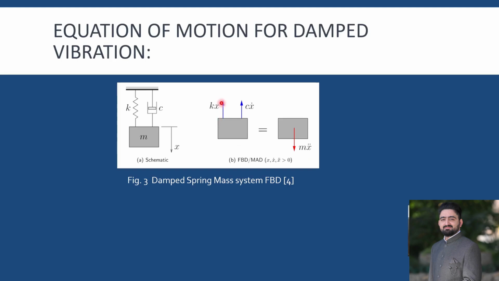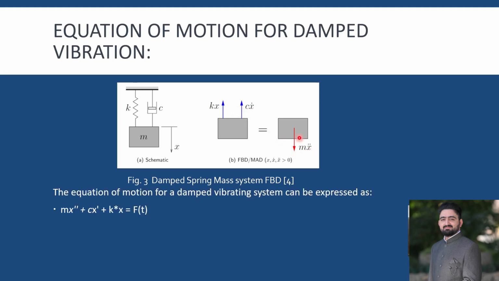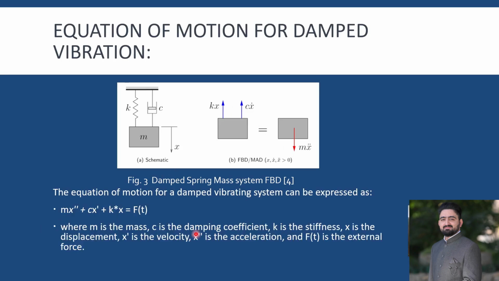Here the reaction force in a free body diagram is due to the spring, K is the spring constant and X is the displacement. Here C is the damping coefficient and X dot is velocity. So these two forces when added up will be equal to mass times acceleration of the body. So this is the equation derived from that, and here are the abbreviations.